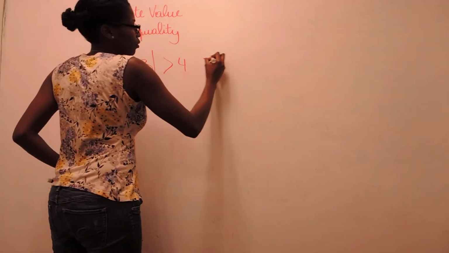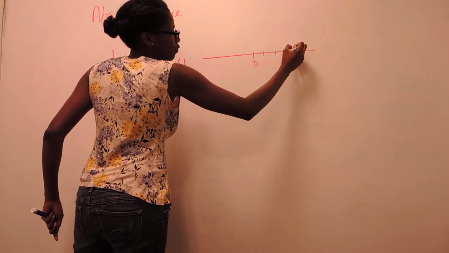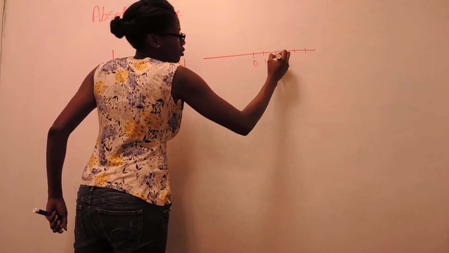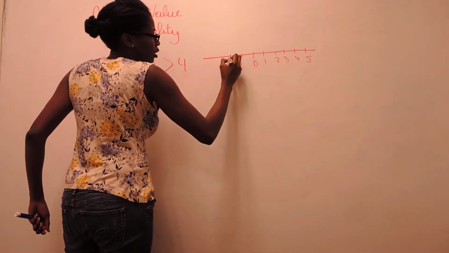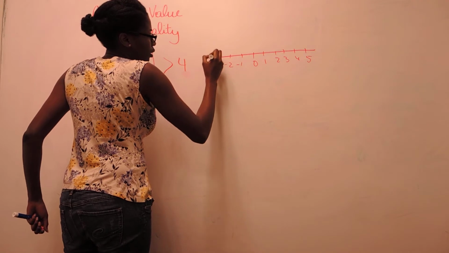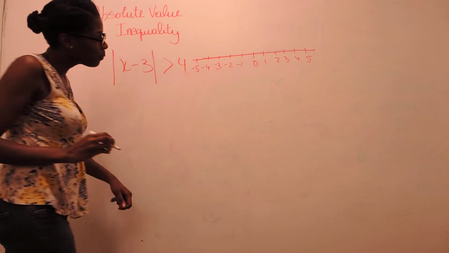So, from 0 here, 1, 2, 3, 4, 5, 1, 2, 3, 4, 5, -1, -2, -3, -4, let's add another one, -5.